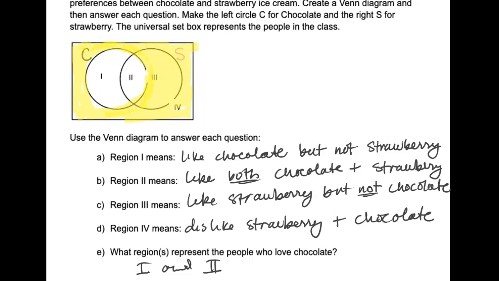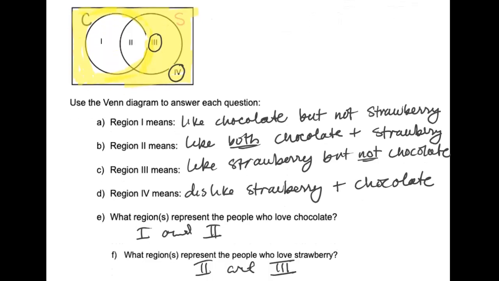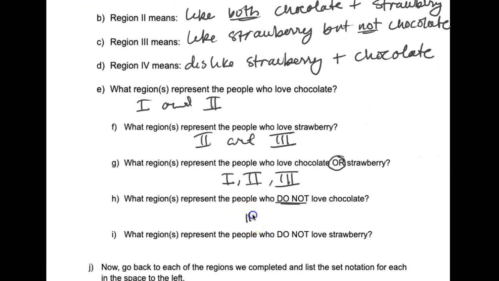So who doesn't like chocolate? That would be people in region 3, my only strawberry lovers. And then region 4 would be people who don't like chocolate or strawberry. So regions 3 and 4 represent people who do not like chocolate.